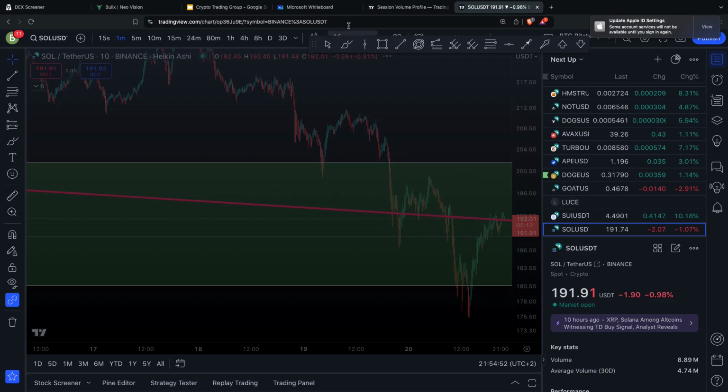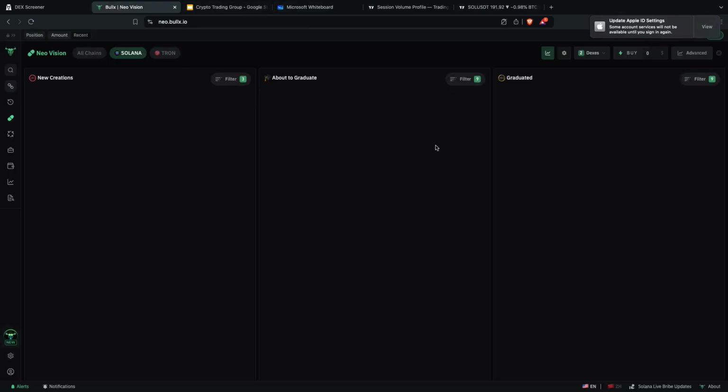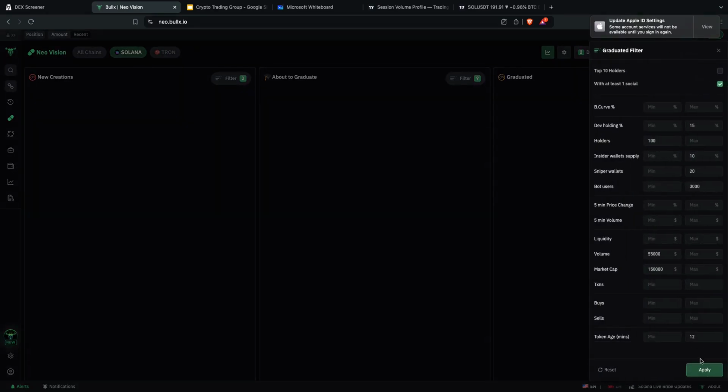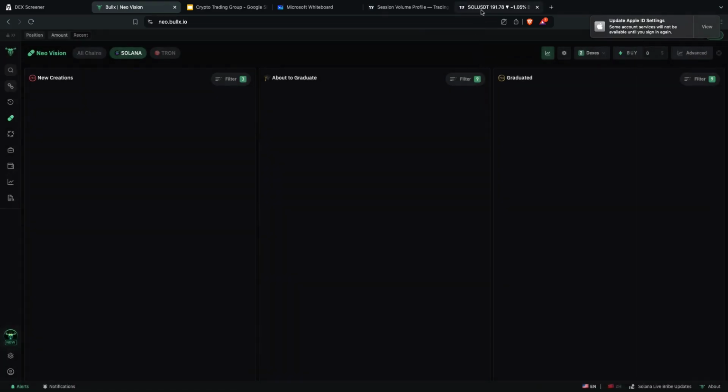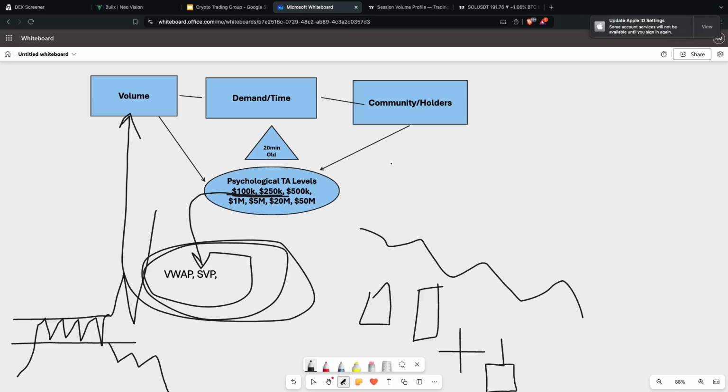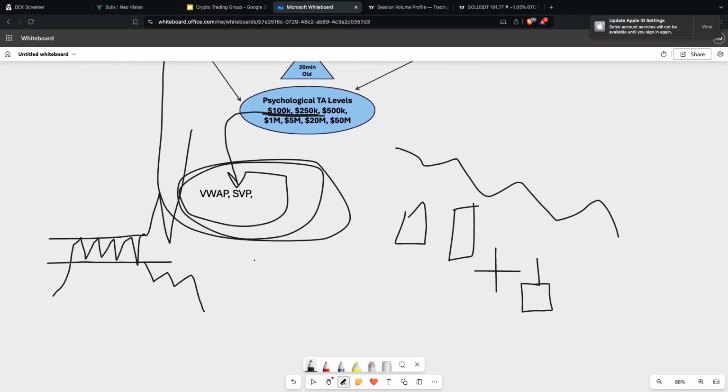Okay, so going back to Bullx, here we don't have anything because it obviously is only scanning stuff that is within the maximum 12-minute token age criteria right over there. So getting back to this, you put your 1 minute VWAP and you start looking for the price, or rather the candles, to be trading above the VWAP.